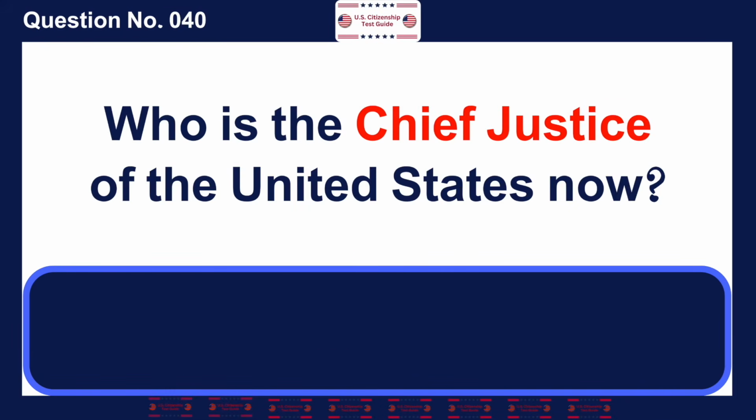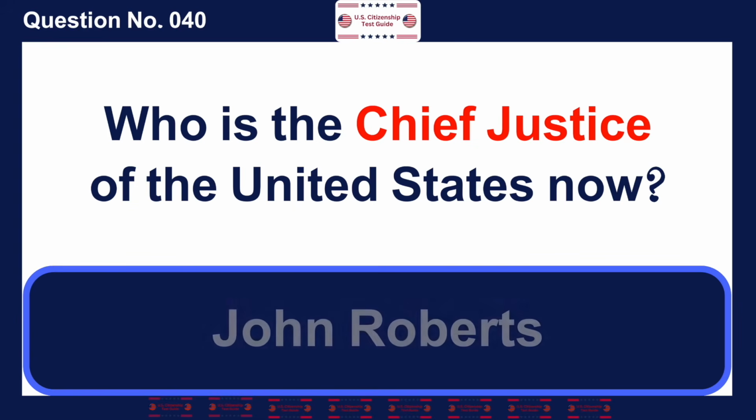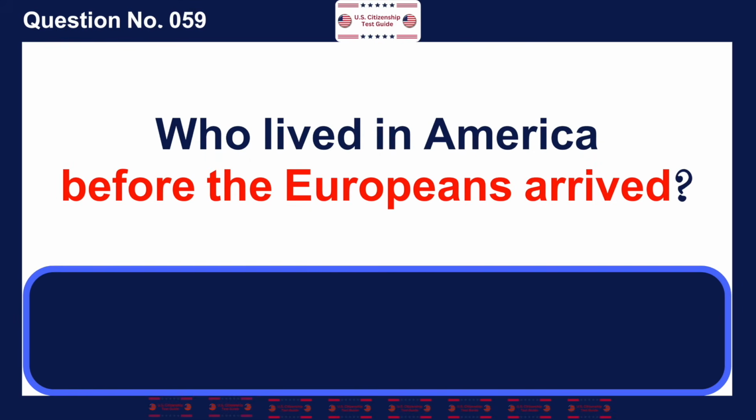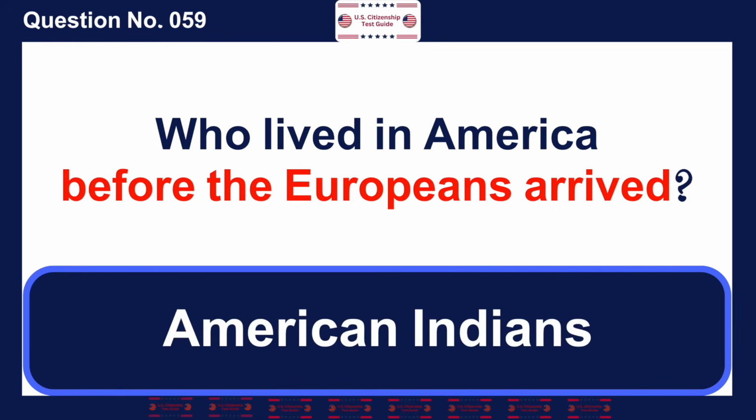Who is the Chief Justice of the United States now? John Roberts. Who lived in America before the Europeans arrived? American Indians.